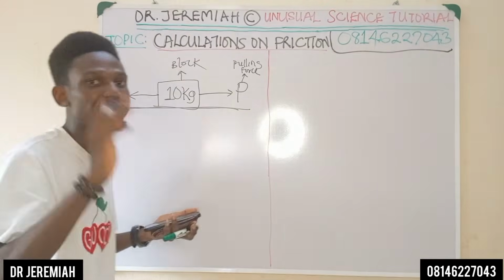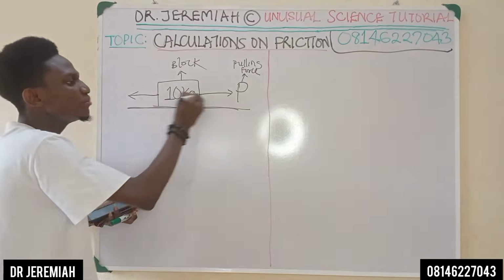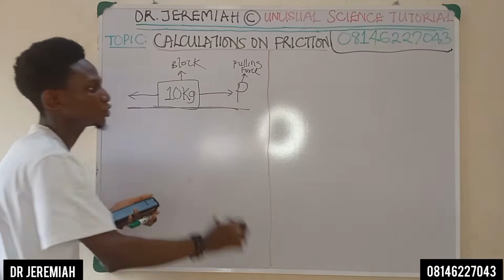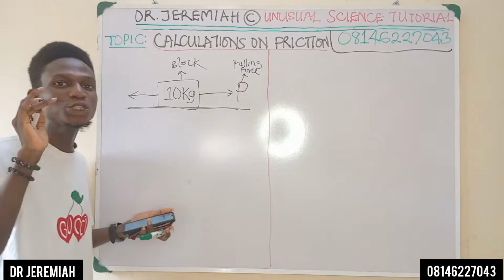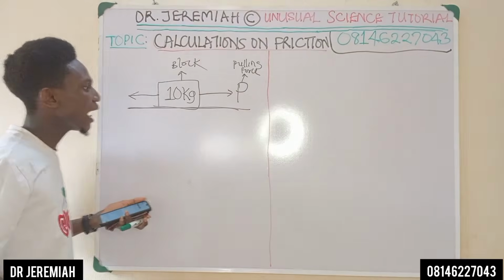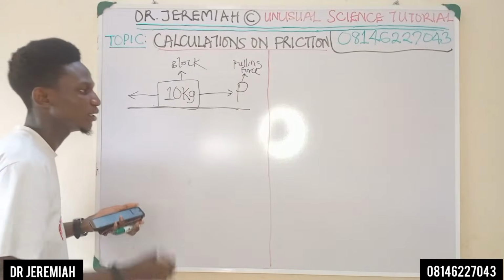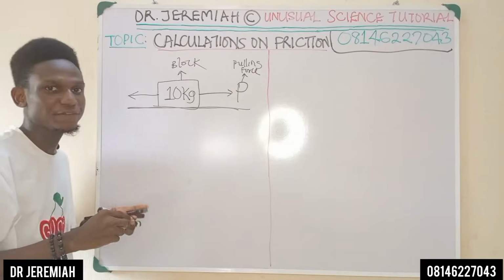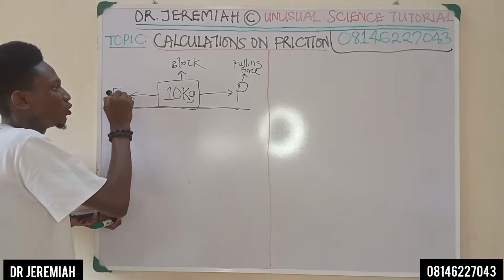I told you that friction opposes motion. So if the body is moving in this direction, I pull it, for instance, Dr. Jeremiah pulls this 10 kg block in this direction, it surely means that the block is moving here. Now, if it is moving in this direction, where will your force be? You already know from my definition that your frictional force will be in this direction.